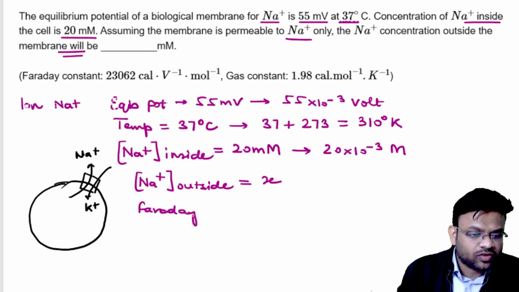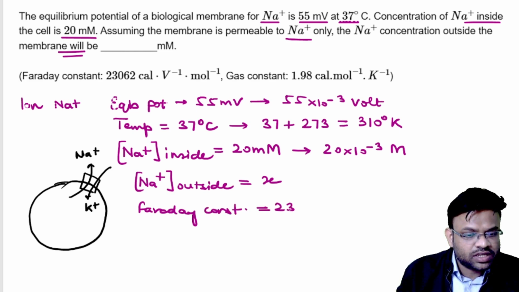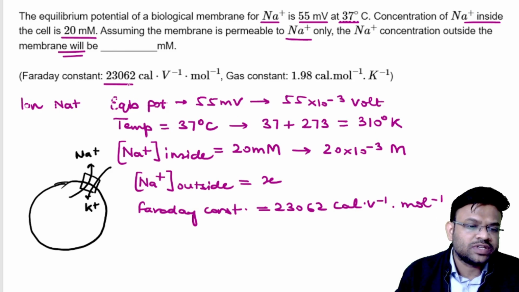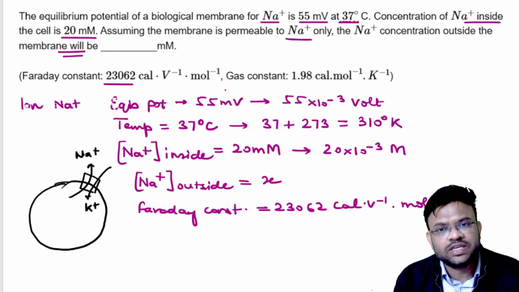Faraday constant is equal to 23062 calorie per volt per mole. Now many students ask me whether we have to remember these values, or whether they are always given in the question. No, they are not always given in the question.